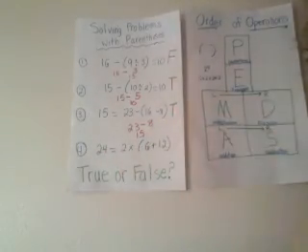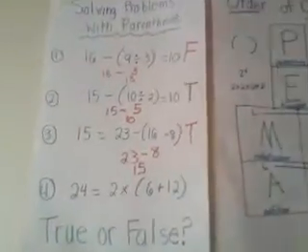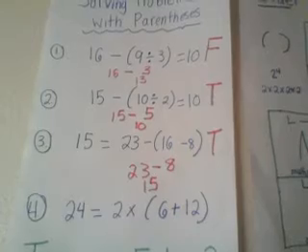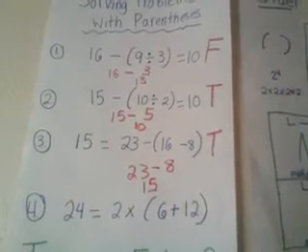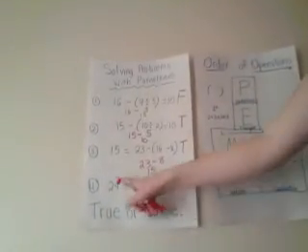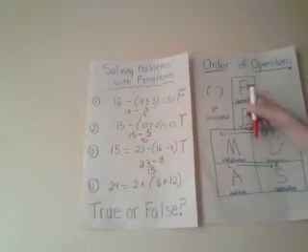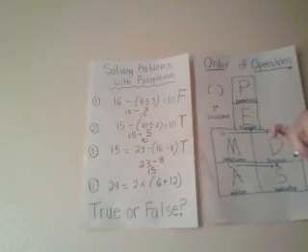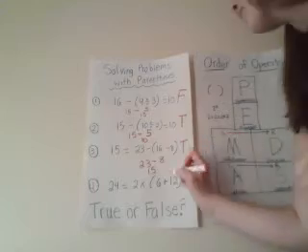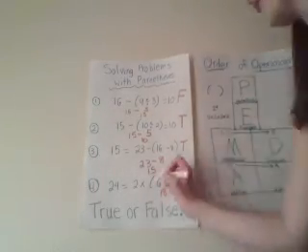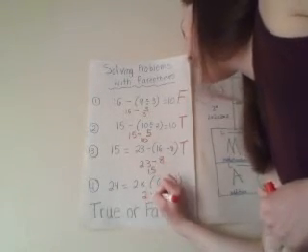My last equation, again, I'm going to zoom so you can get a better look. Okay, currently it says 24 equals 2 times, in parentheses, 6 plus 12. So if we look at this again, we're using order of operations. We start with the parentheses, 6 plus 12. What is 6 plus 12? Hopefully you said 18. So we bring down the rest of the equation, which is 2 times.